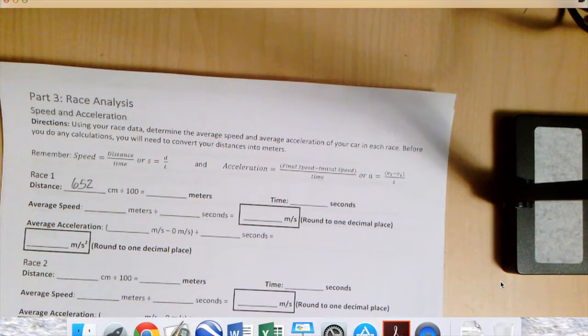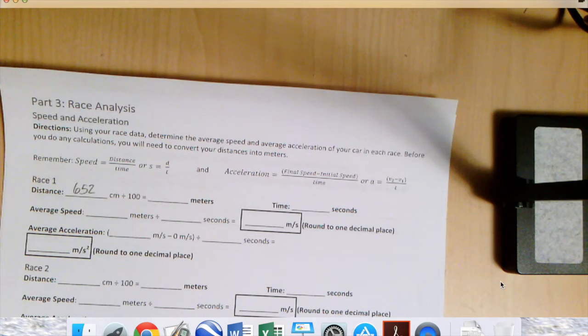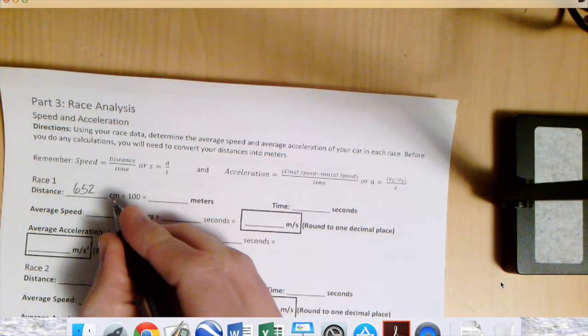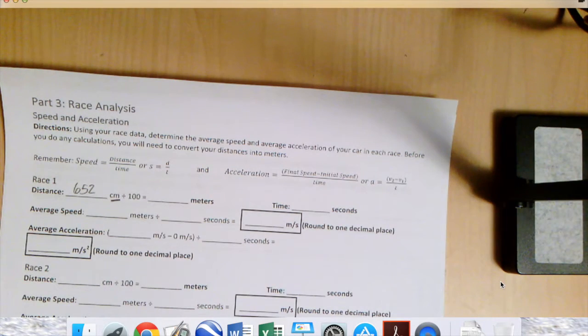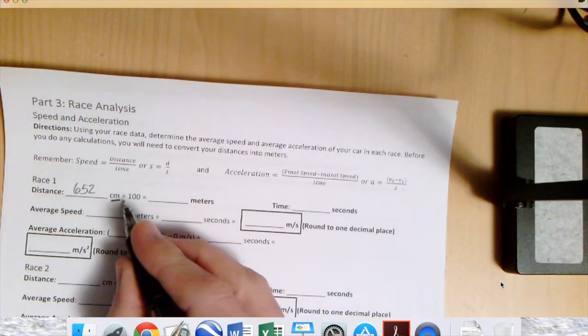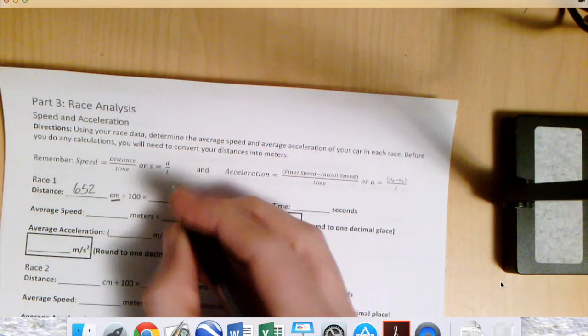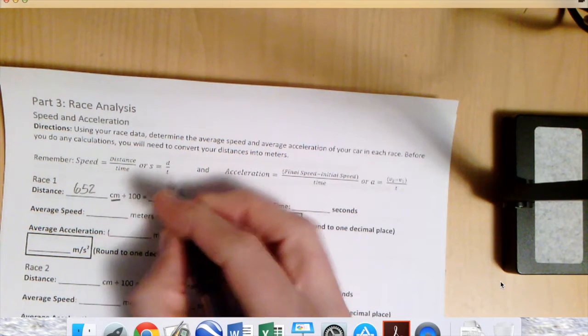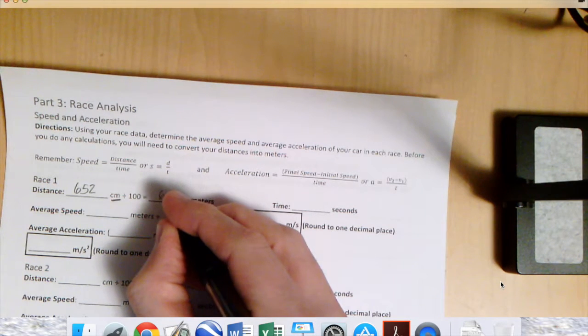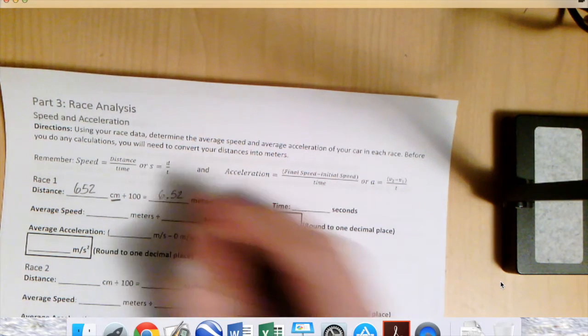Now, the proper metric unit for speed is meters per second, but if you notice, our information is in centimeters. So we need to convert centimeters to meters. Of course, what we do is divide by 100. 652 divided by 100 is 6.52 meters.